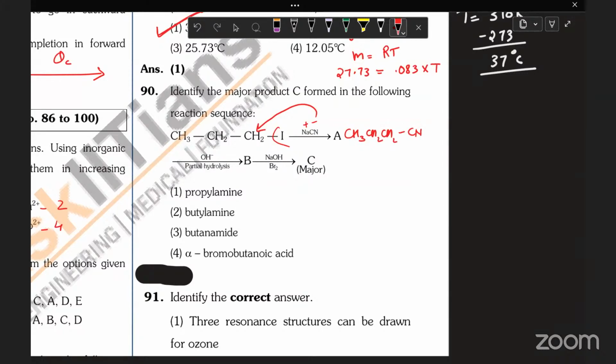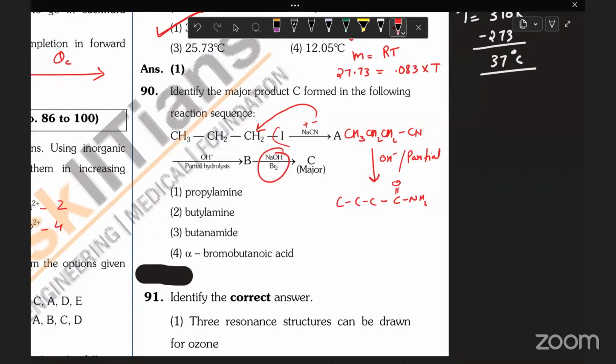All right. Then it is the partial hydrolysis. Partial hydrolysis of cyanide will give you amide. The complete hydrolysis of cyanide will give you carboxylic acid. So this is partial hydrolysis, so you'll have C double bond O, NH2. Okay.